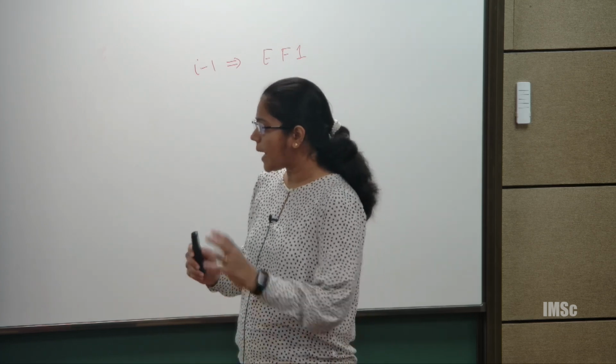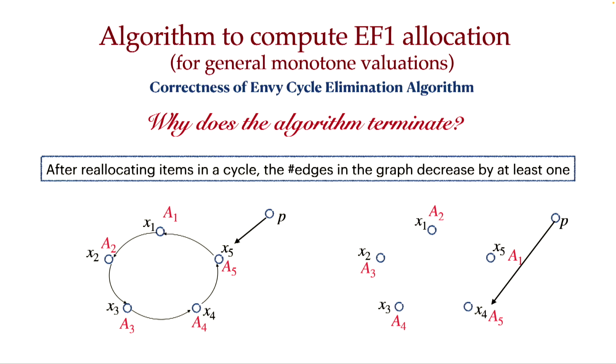Now, it may also happen that an arc was going from the cycle to the outside world. Let us say this was the case. Now x2 is getting something better than in the previous cycle, so this edge might exist, might not exist, because x2 gets a better bundle.